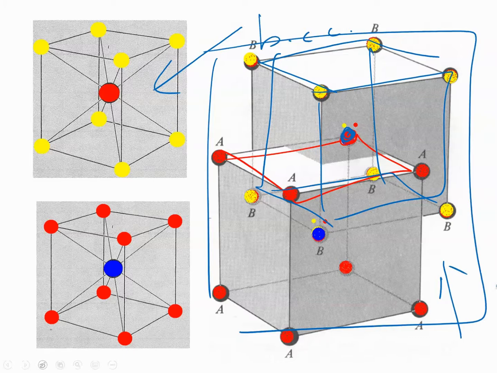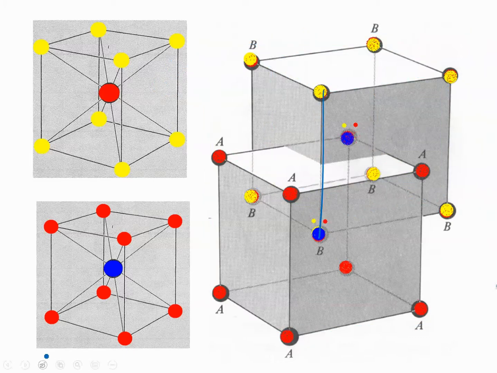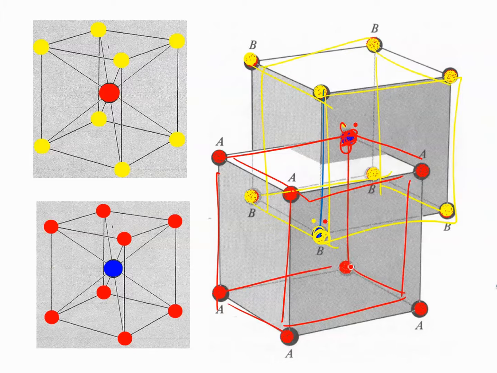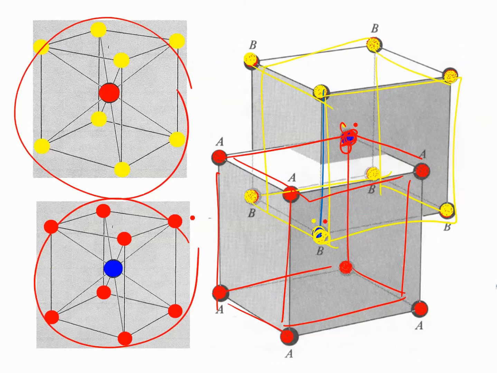We have one simple cubic of the yellow one, and then the other simple cubic of the red one. See that? So this actually explains why the underlying lattice is simple cubic but not body center cubic, although it looks like body center cubic. Okay, because we need to apply the concept of basis.